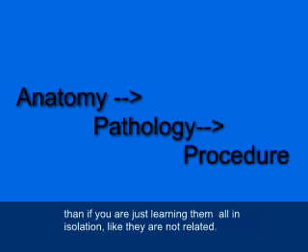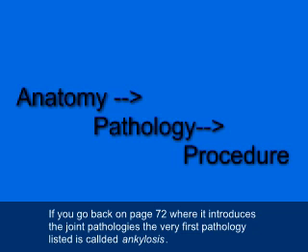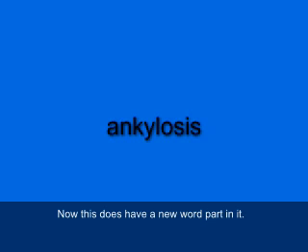Now, I'm going to give you an example of that. If you go back on page 72, where it introduces the joint pathologies, the very first pathology listed is called ankylosis. Now, this does have a new word part in it.